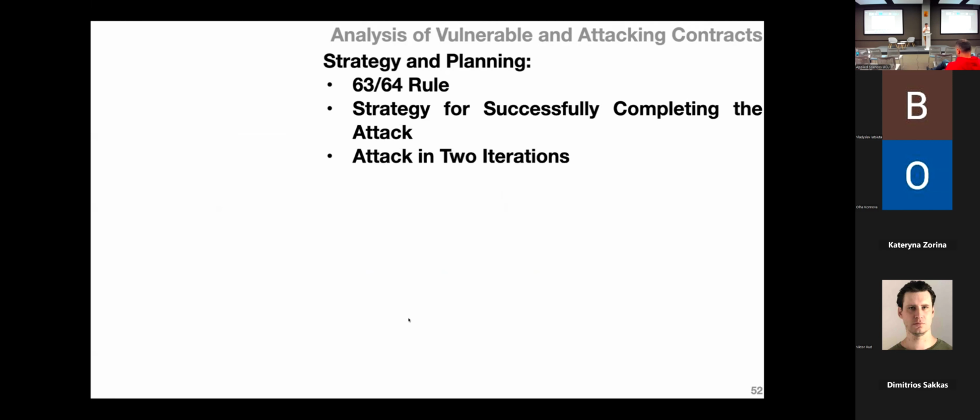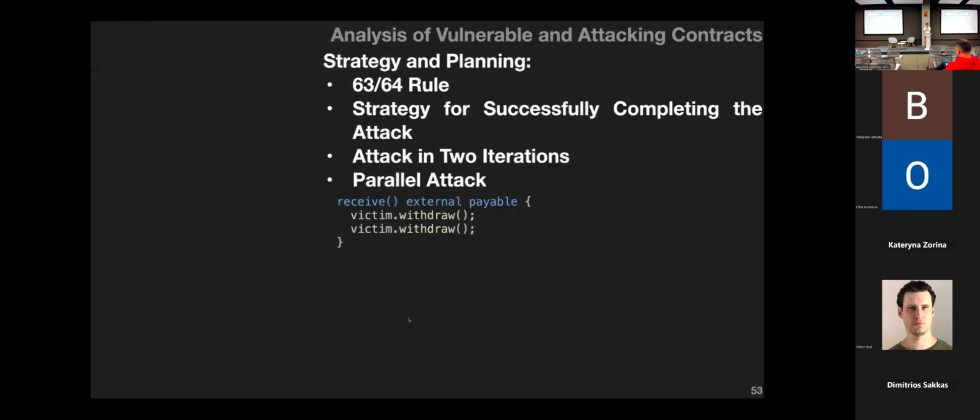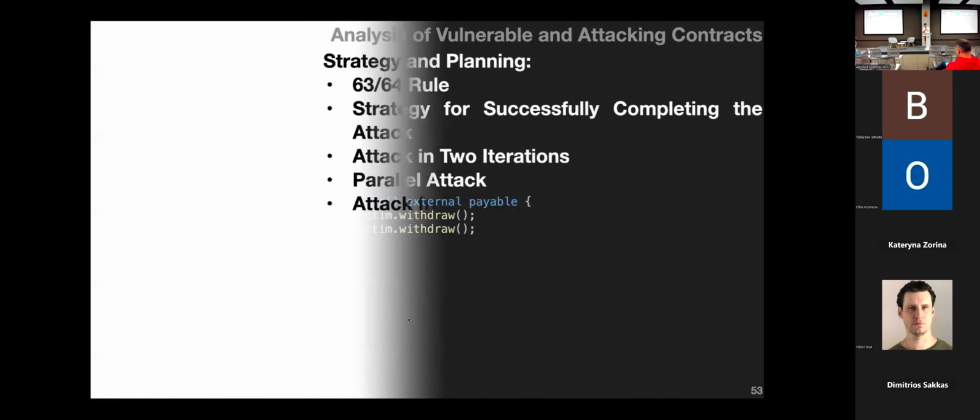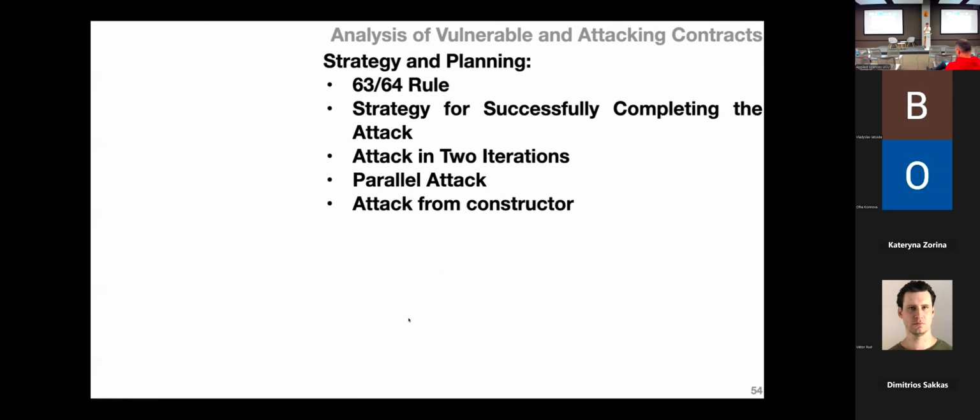For a successful attack, sometimes you can attack into interactions, and a parallel attack doesn't make sense because Solidity doesn't support multi-threading. Attack from a constructor is generally impossible because during the execution of the constructor code, the contract has not yet been fully deployed.